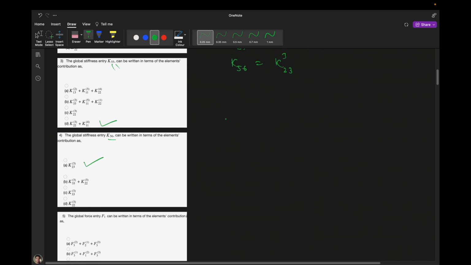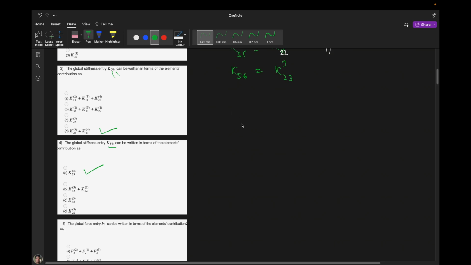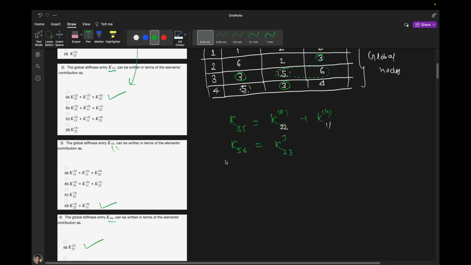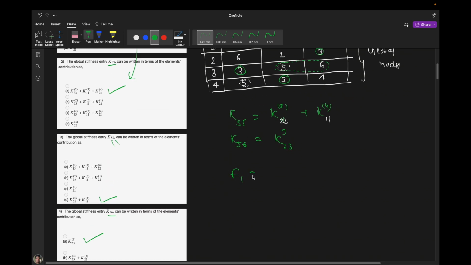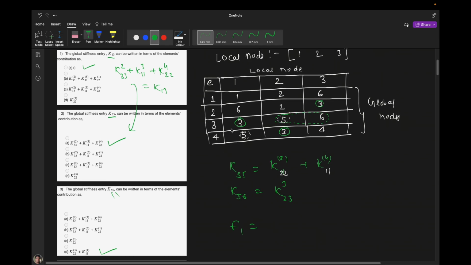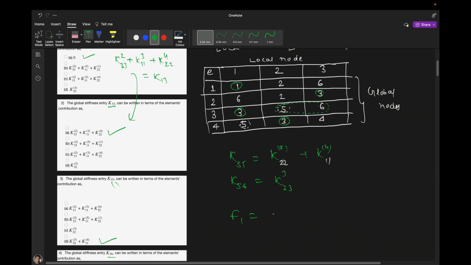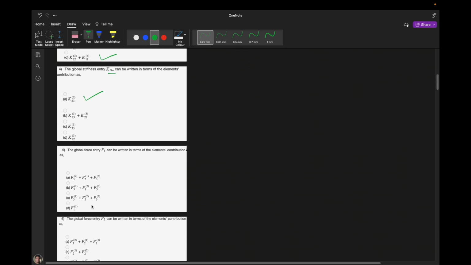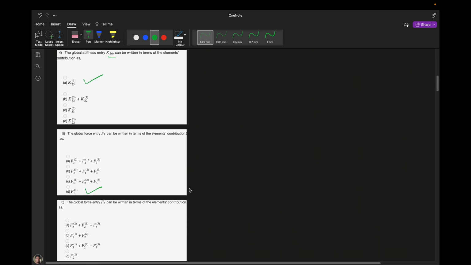Okay, now it is saying what will be the global force entry F1. So let's see F1. Okay, so F1 is here, so what is that element? It is 1, and what is that local node? That is 1. So which means that F1 1. So this is the correct answer.